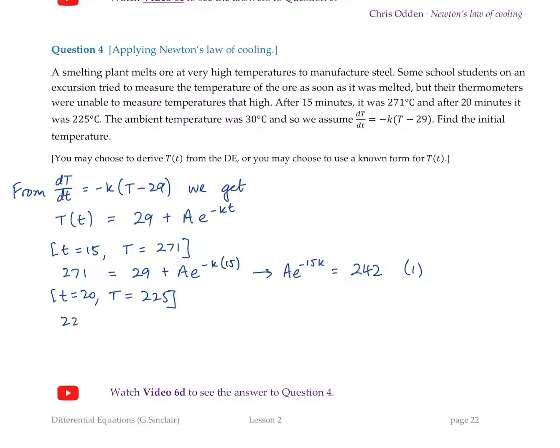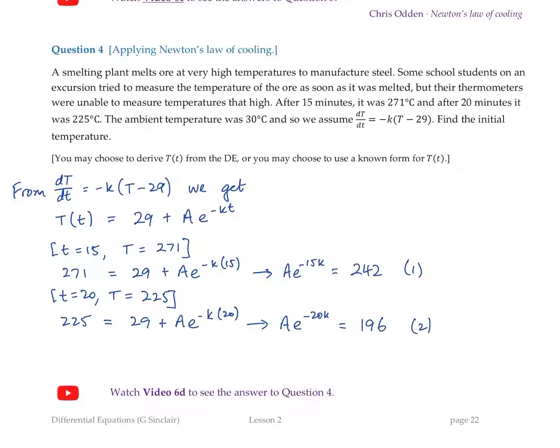So 225 equals 29 plus Ae to the negative k 20, and from that Ae to the negative 20k equals 196. Right, that's equation 2. We've got two simultaneous equations.